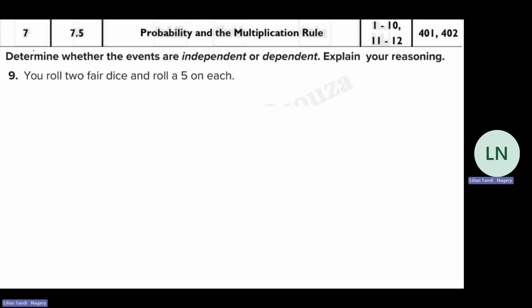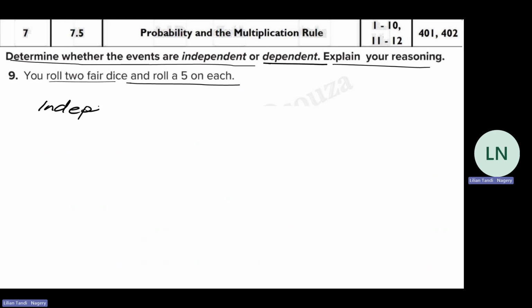You roll 2 fair dice. Read the question. Determine whether the events are independent or dependent. Explain your reasoning. You roll 2 fair dice and roll a 5 on each. Independent. These 2 dice don't have anything to do with each other. One is in your right hand, the other one is in your left hand.